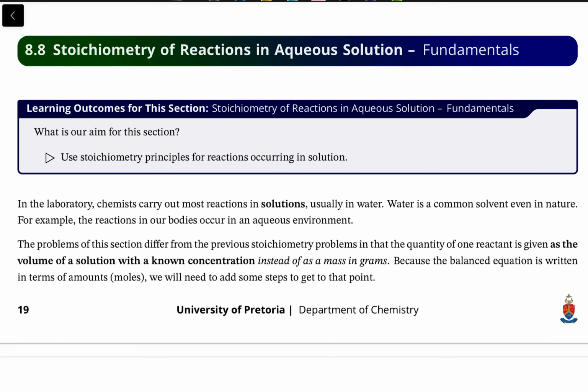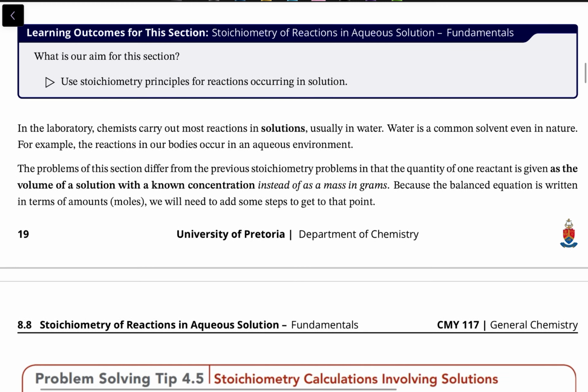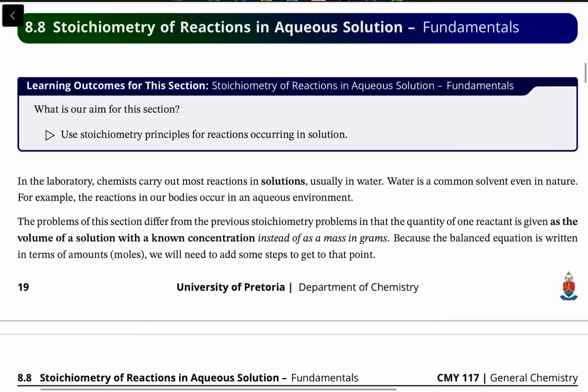Right, so let's look at some reaction stoichiometry and what to do when you're working with reactions that take place in solutions. Most reactions that we look at in chemistry actually take place in solution.